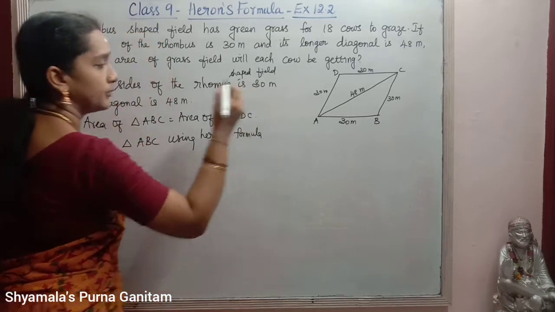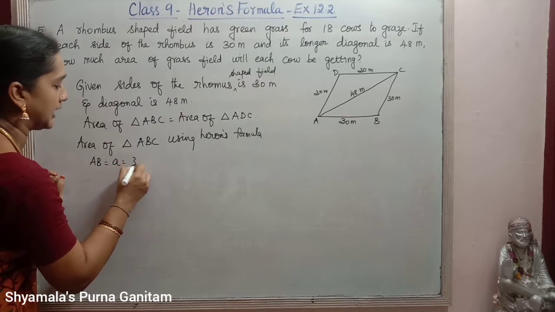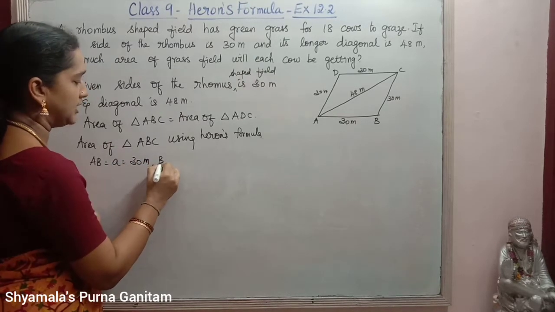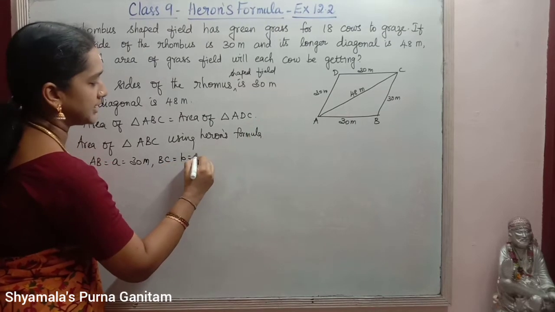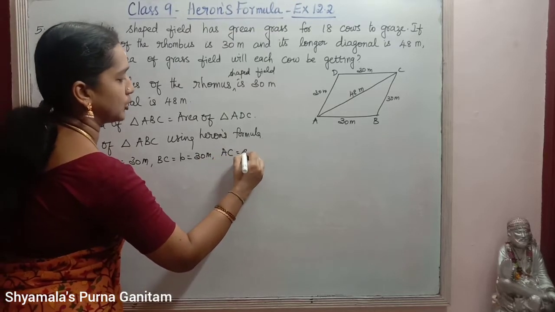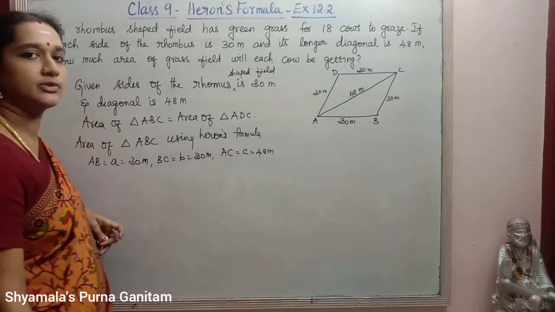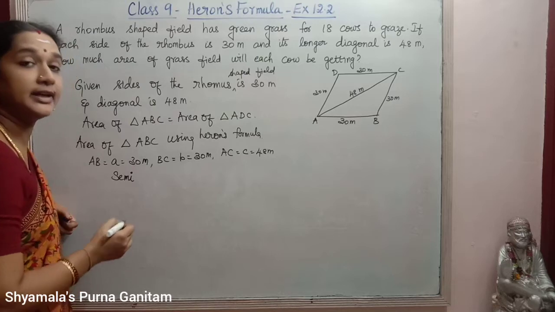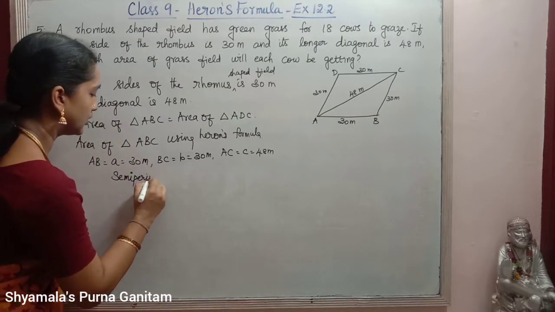We'll take AB as a, so a is 30 meter, and BC is b, 30 meter, and then AC is c, 48 meter. For finding area using Heron's formula, we need the semi-perimeter.